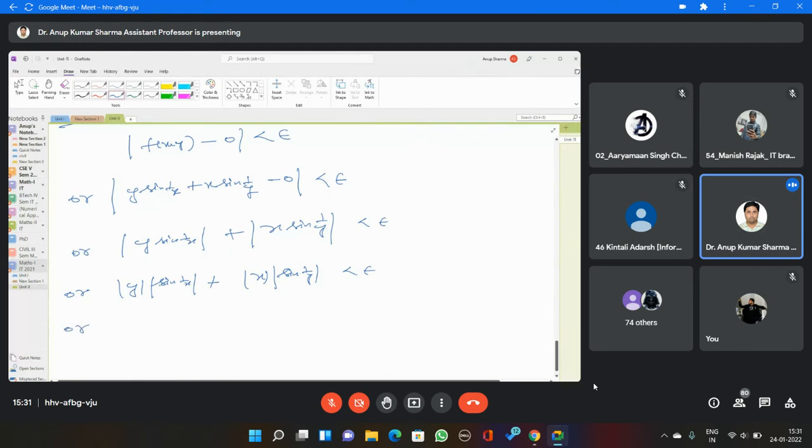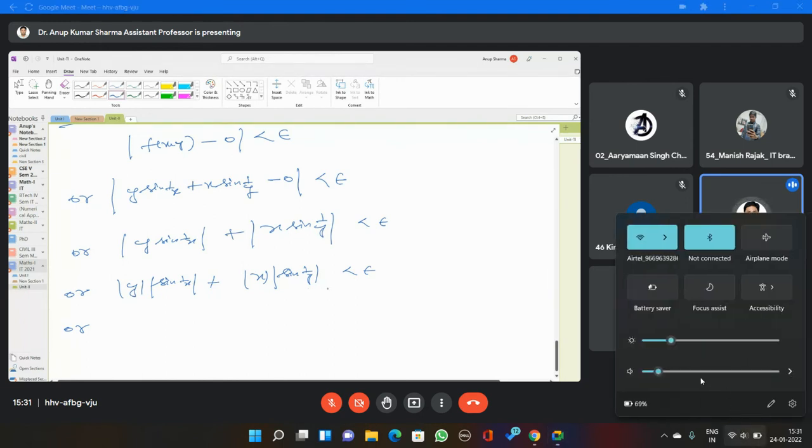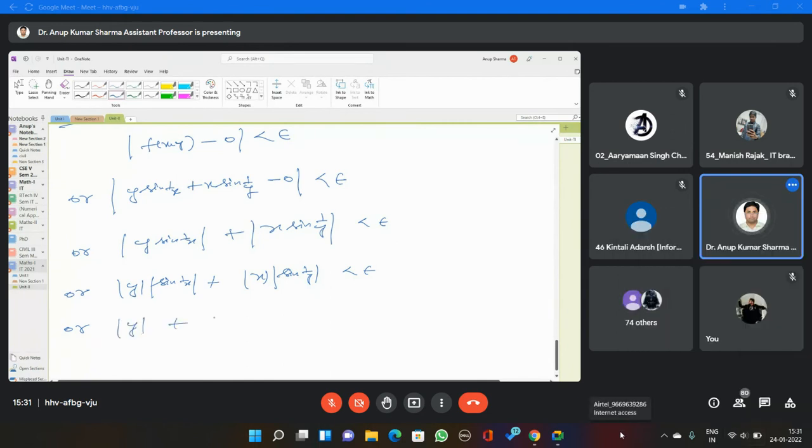Whatever the value, the maximum value of sine of 1 upon x is 1, and sine of 1 upon y, for all values of y, has maximum value 1. So we can write mod y times 1 plus mod x times 1 less than epsilon, since the modulus of sine of 1 upon x is less than or equal to 1, and sine of 1 upon y is less than or equal to 1.